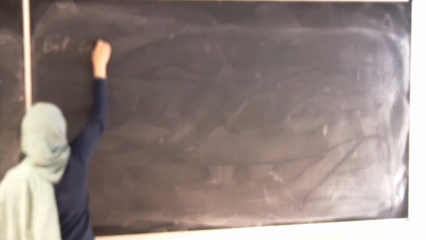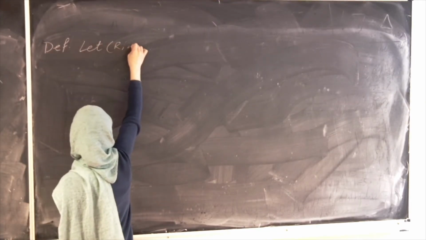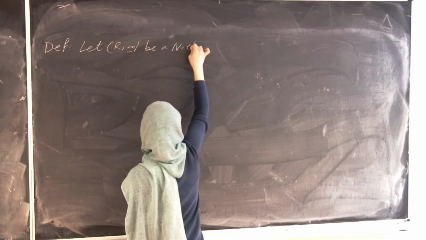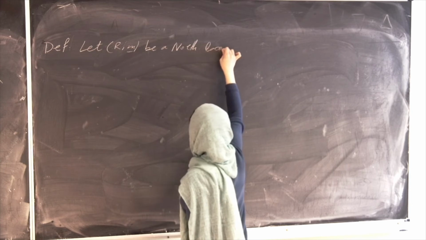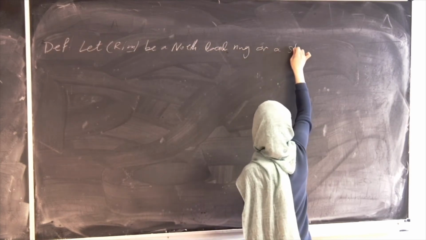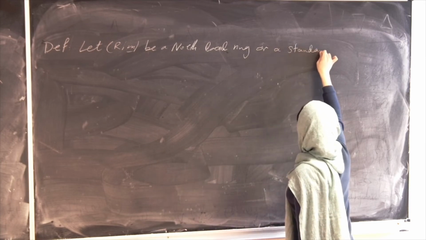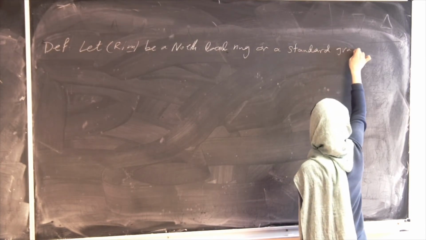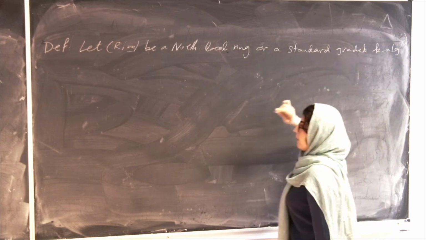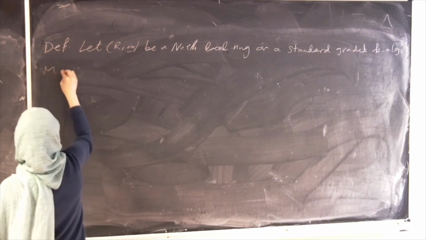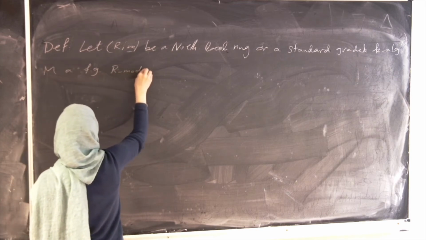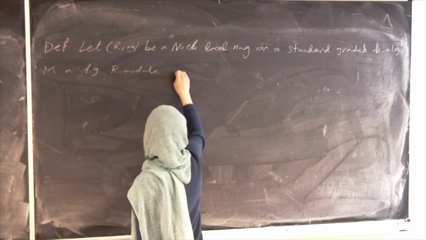So as usual, R is either a Noetherian local ring or a standard graded K-algebra, and M is a finitely generated R-module.